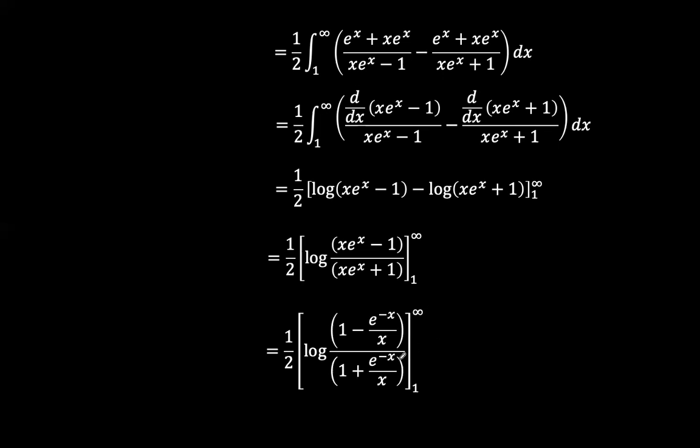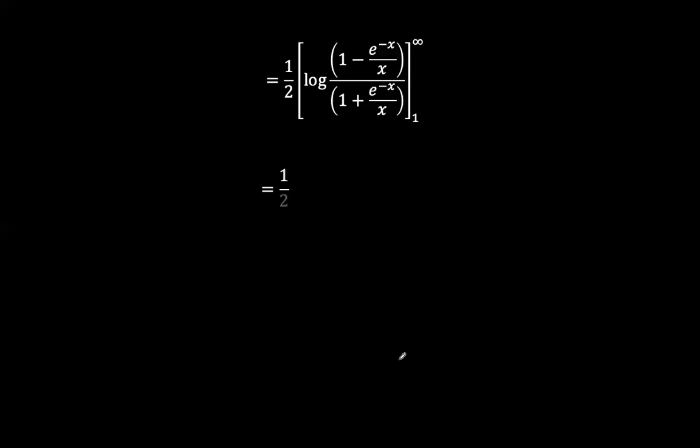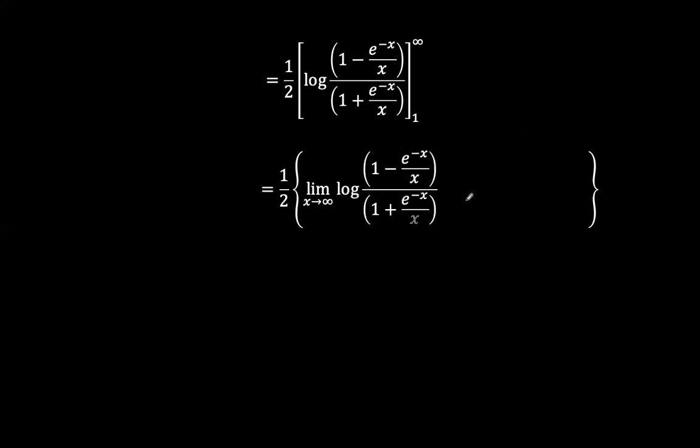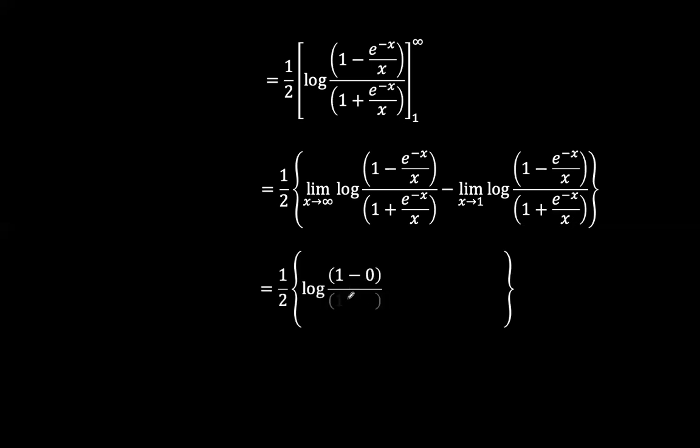And so what we get here is that on the upper limit as x tends to infinity, this part here tends to 1 over 1, minus the value at the lower limit x equals 1, which is 1 minus e to the power negative 1 over 1 plus e to the power negative 1. And so log of (1 minus 0) over (1 plus 0), minus log of (1 minus e to the power negative 1) over (1 plus e to the power negative 1).